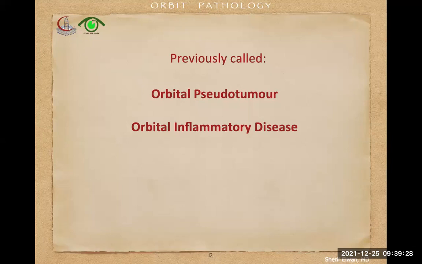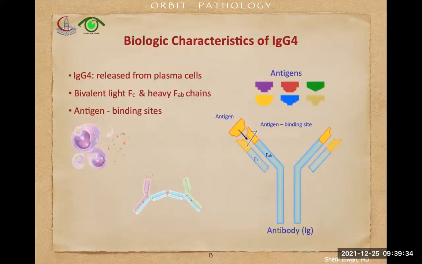Now we have a consensus of opinion of calling this type of inflammation IgG4 disease. We go back to the basic pathology lecture, and I remind you of the biologic characteristics of IgG4 disease. The biologic characteristics of the molecule of IgG4.